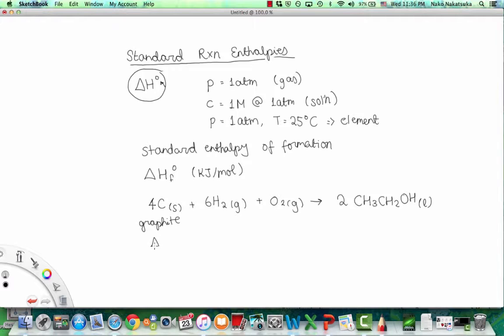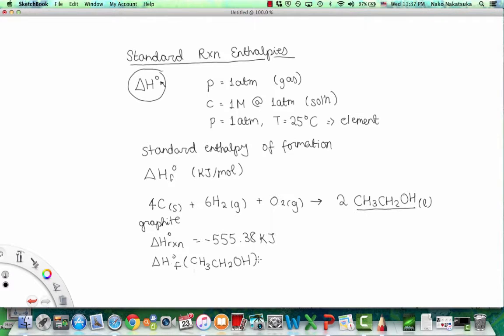The delta H of this reaction, the standard enthalpy of reaction, is negative 555.38 kilojoules. And the delta H of formation of ethanol, since we're forming it from carbon, hydrogen, and oxygen, you write out by putting the ethanol in brackets.